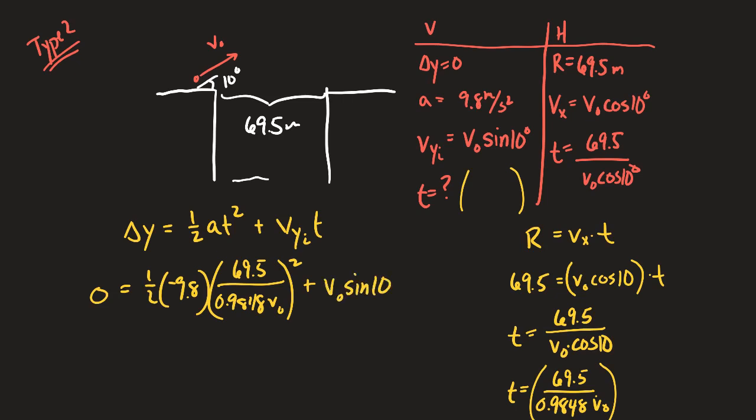Ooh, what is V naught times the sine of 10? I don't want sine of 10, just tell me sine of 10. 0.1736 times 69.5 over 0.9848 times V naught. Wow, that's a mess.